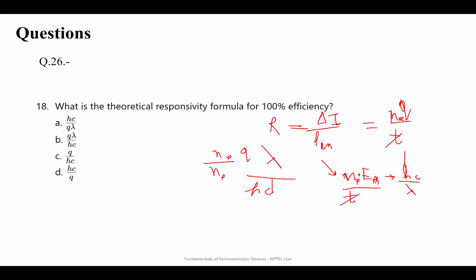So this is q lambda by hc, and this is Ne by Np, which is the number of output electrons divided by the number of incident photons, and that is called my efficiency. So my responsivity formula then becomes efficiency into q lambda by hc.